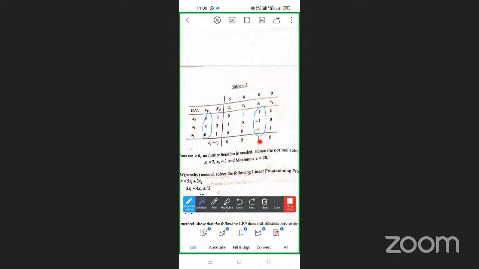The last one: 0, 0, 0, total 0. Therefore all delta J's are greater than or equal to 0, so the above table is optimal.